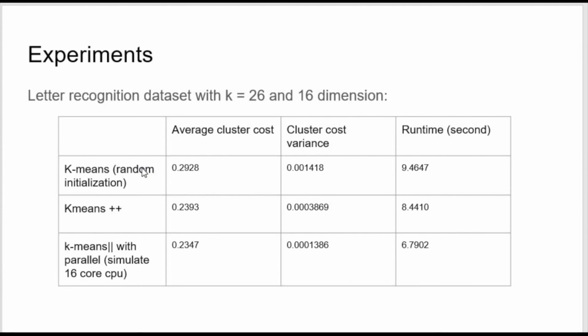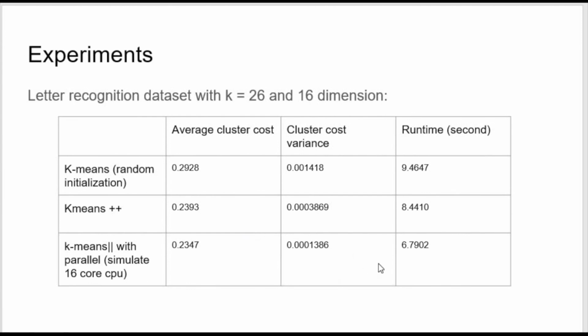Cluster cost is like the cost function for k-means clustering. Out of the 3 initializations, and we run each algorithm 15 times for consistency, k-means parallel has the lowest average cluster cost. Not only that, it also has the lowest cluster cost variance, as you can see over here.